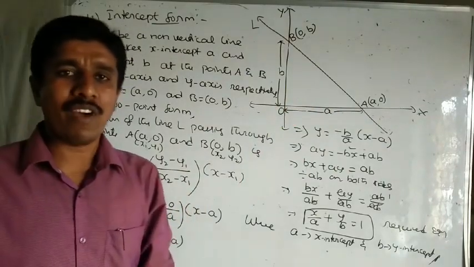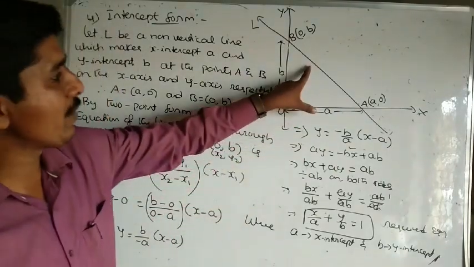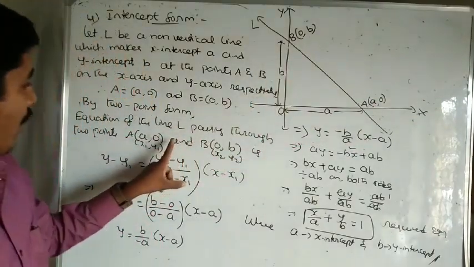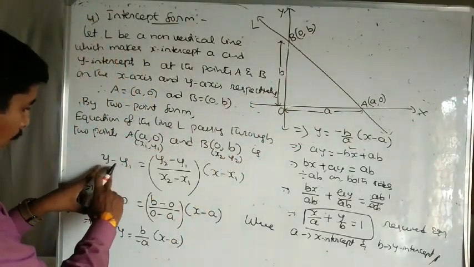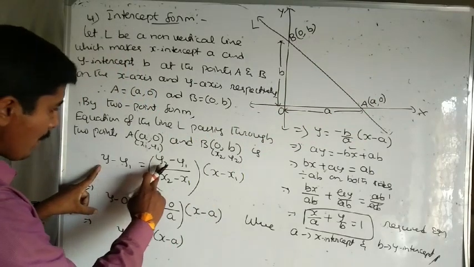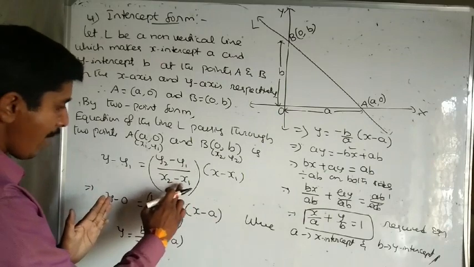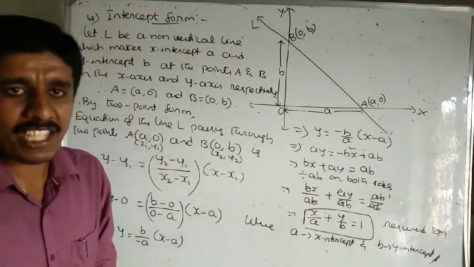By the 2-point form, the equation of the line passing through the points (a, 0) and (0, b) is given by y minus y1 equals (y2 minus y1) divided by (x2 minus x1) into (x minus x1).